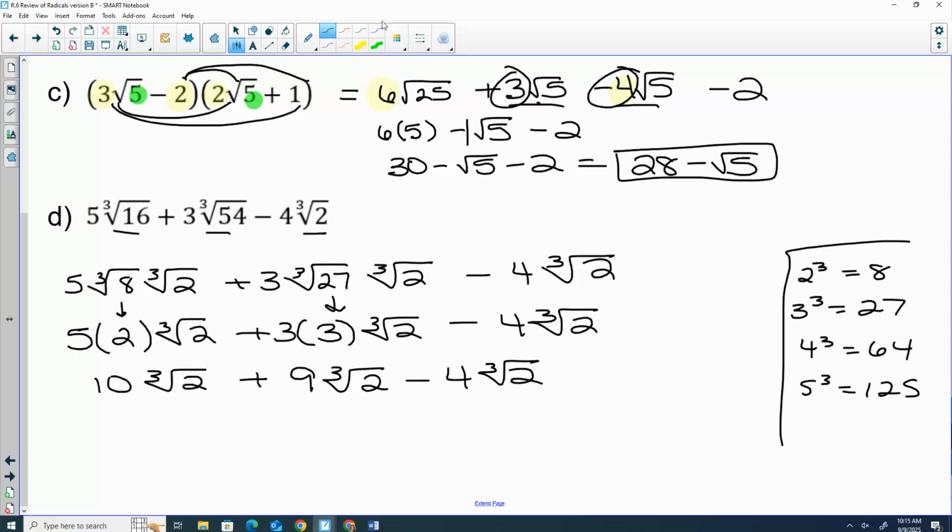Now they're all cube root of 2, so we can combine the coefficients. So 10 plus 9 minus 4. And the cube root of 2 just stays. So if I'm asking you to add or subtract, reduce your radicals first, and then you can add like terms.